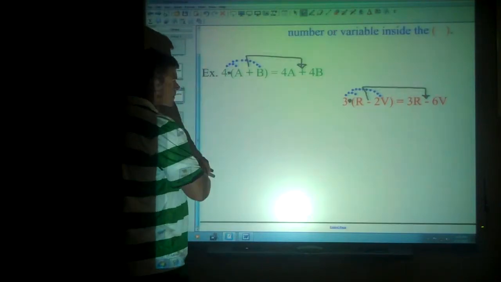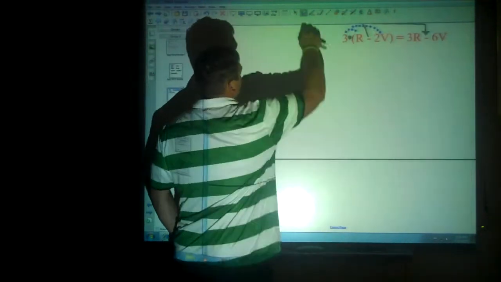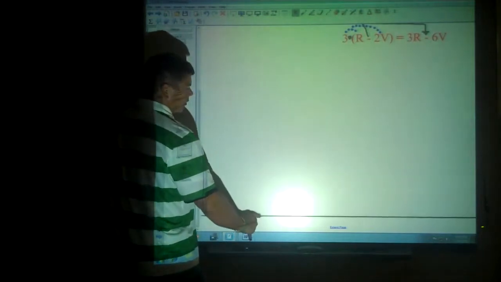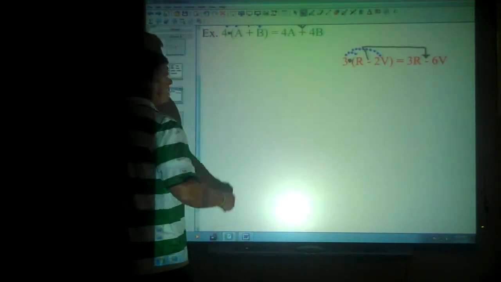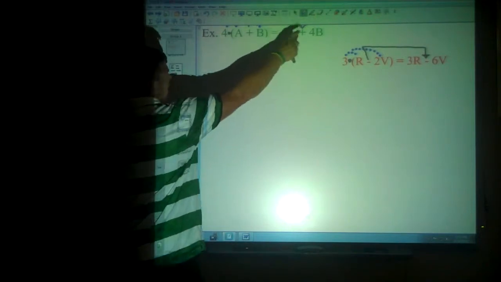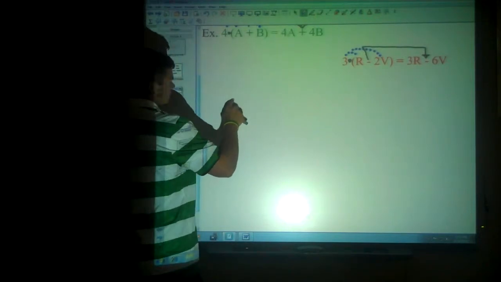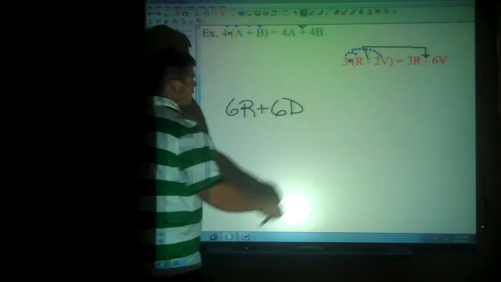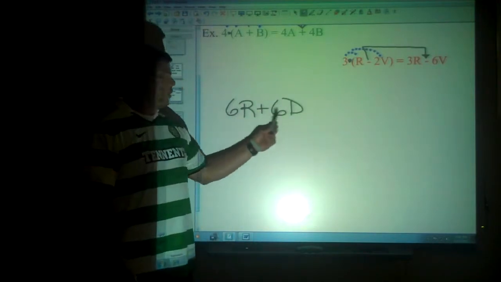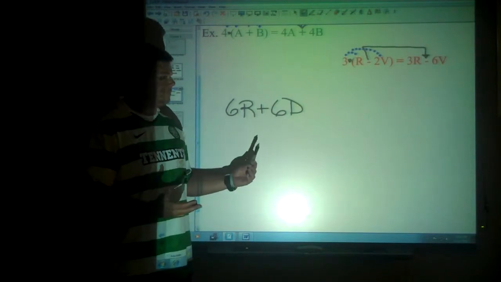Now, sometimes with the distributive property, you can go the other direction. This takes a little bit more practice, and at first some people aren't very good at this. But if you notice, on 4A plus 4B, let's say that was 6R plus 6D. If you looked at both of these and you asked yourself, what's common to them?